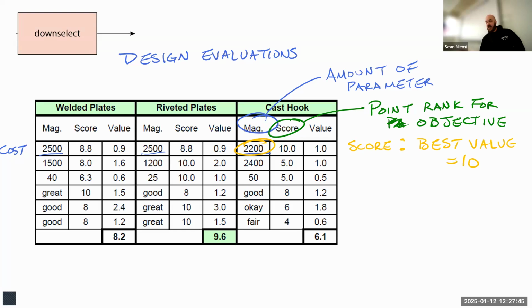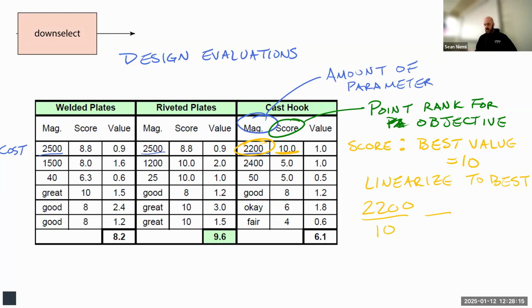We can see here, the lowest cost gets a score of 10. And then we're going to linearize to our best score. So that would say, hey, $2,200 is to 10 points.